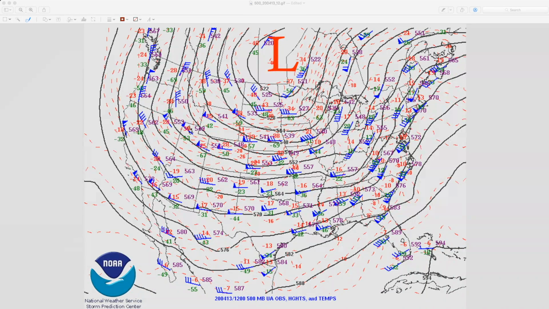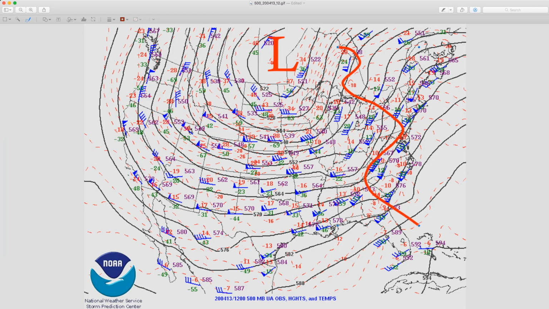Okay, so now we are back to our wonderful low quality image, 500 millibars. We already found the low pressure, and the pattern is very similar to what we just looked at as a reference, right? So let's find our surface southerly winds on this map. So we said it would be on the eastern side of the low. Okay, like this.